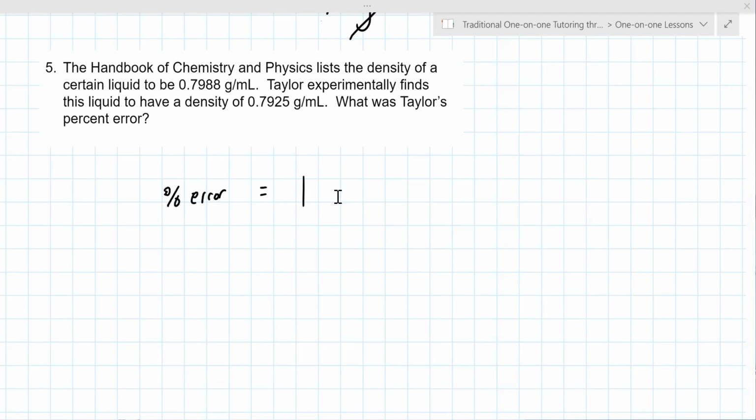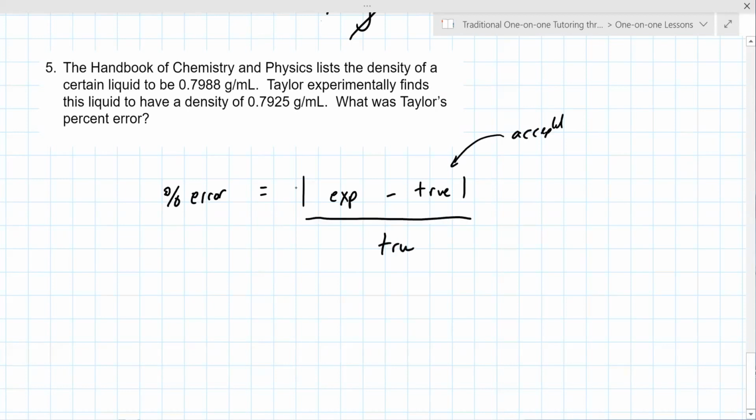So they call it the experimental minus the true. Your book uses a little bit different language. This is accepted. I like the word true, over the true, and it is an absolute value, so it's always a positive number.